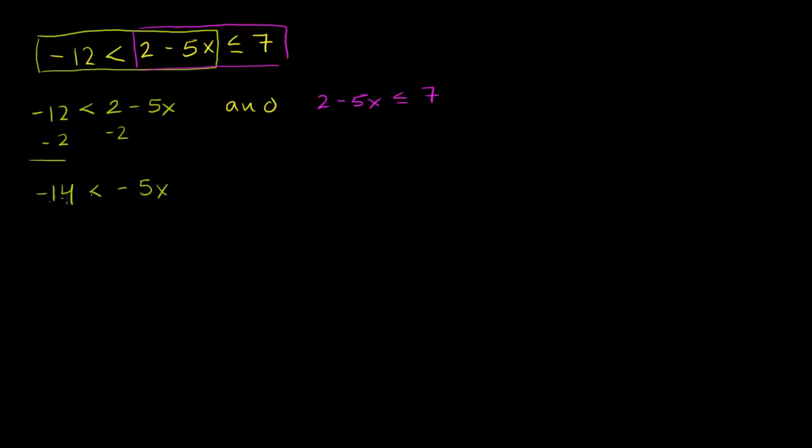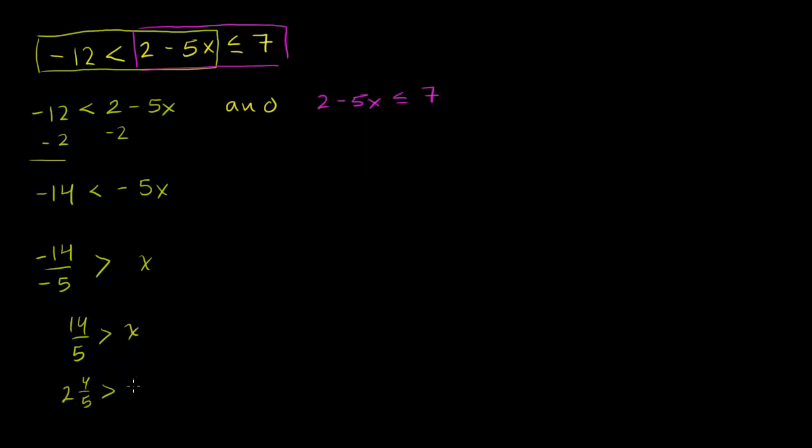So if you divide both sides by negative 5, you get negative 14 over negative 5. And you have an x on the right-hand side. And this swaps from a less than sign to a greater than sign. And the negatives cancel out, so you get 14 over 5 is greater than x, or x is less than 14 over 5, which is, what is this? This is 2 and 4/5.